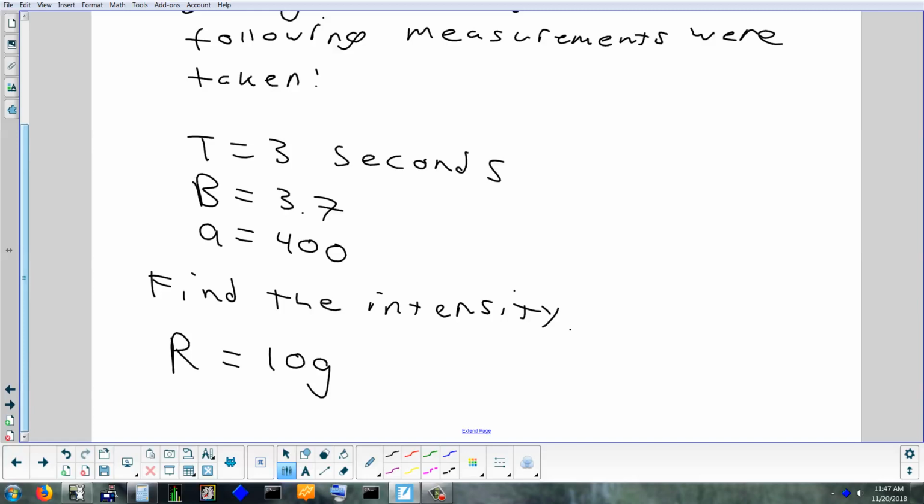So log, then we have a fraction. Okay, what goes on top? A, the vertical ground motion, divided by what goes on the bottom? T, period of the wave. And then what do we add onto the end? B, plus 3.7.